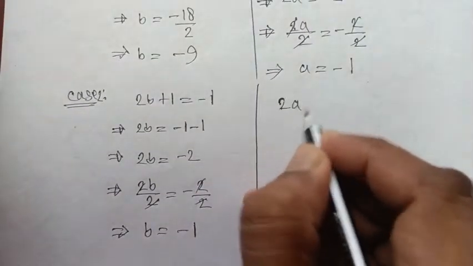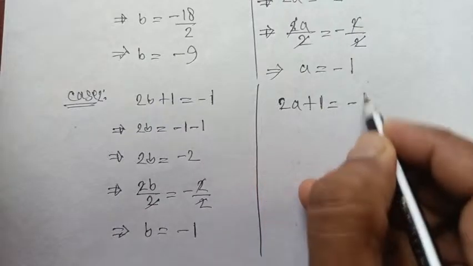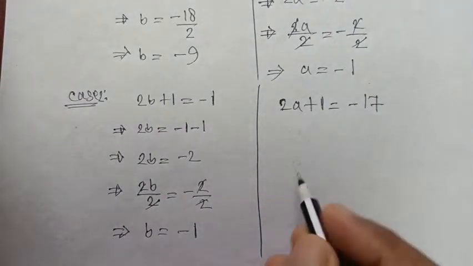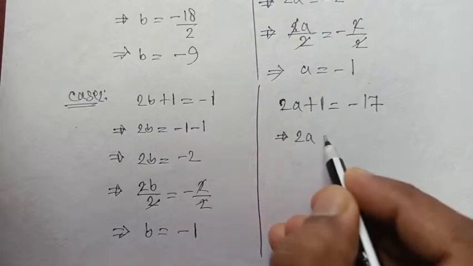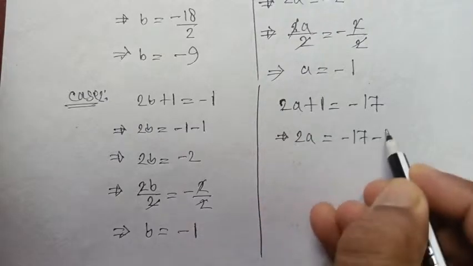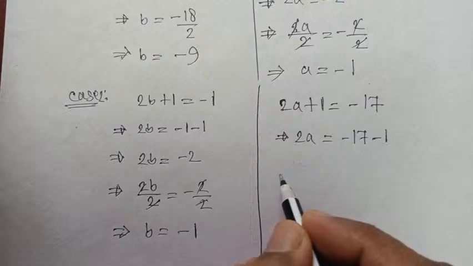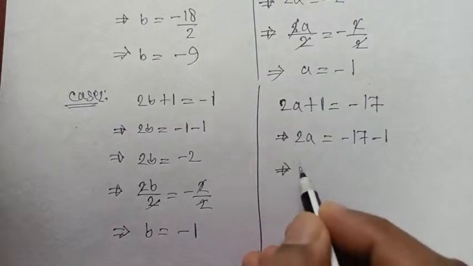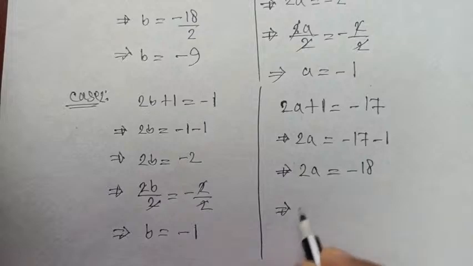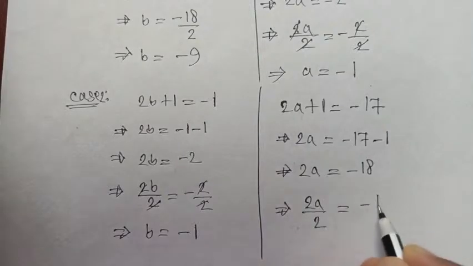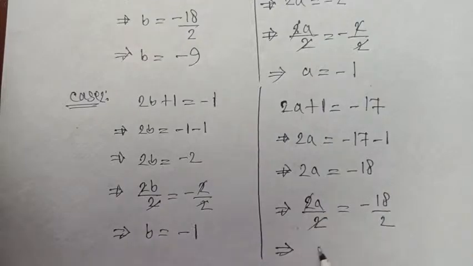Similarly 2a plus 1 is equal to minus 17. 2a equals minus 17 minus 1. 2a equals minus 18. If we divide both sides by 2, then the 2 cancels out, a equals minus 9.